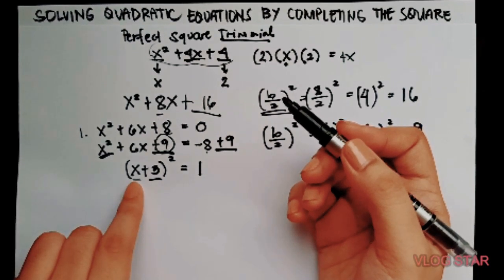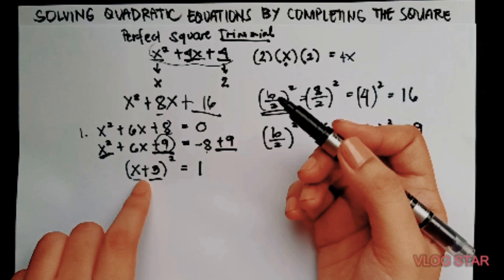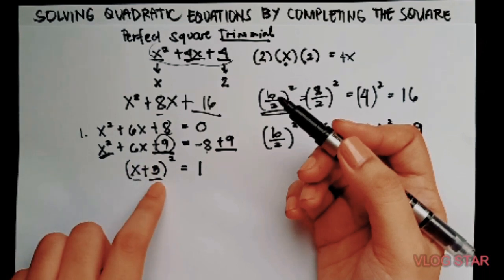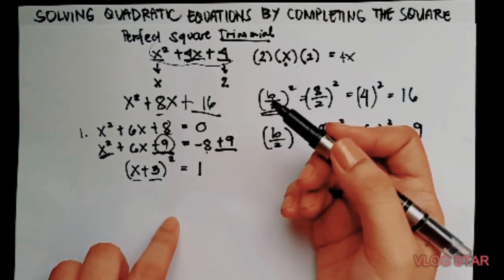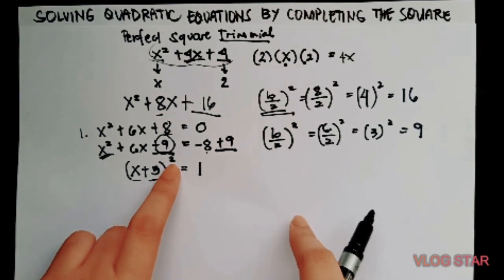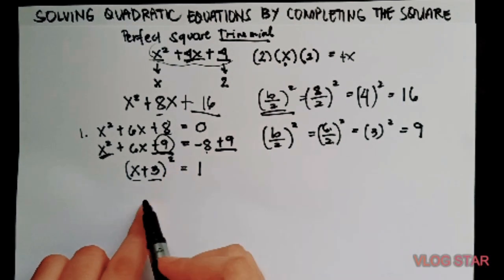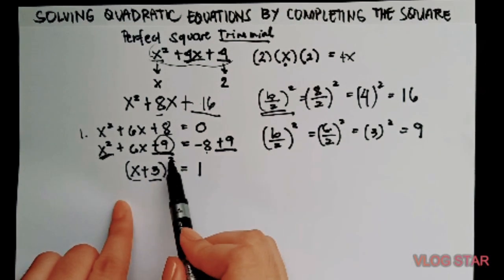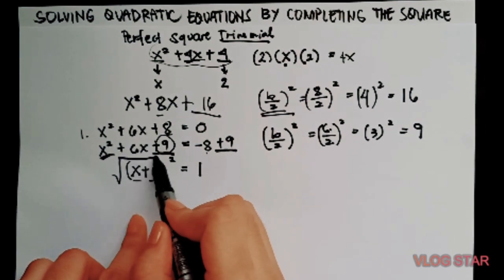So how can I solve for x if this binomial is enclosed in a parenthesis and raised to 2? We have first to eliminate the exponent 2. And if you remember, when extracting the square root to eliminate exponent 2, we take the square root of the given term. Since x plus 3 is raised to 2, we have to get its square root.